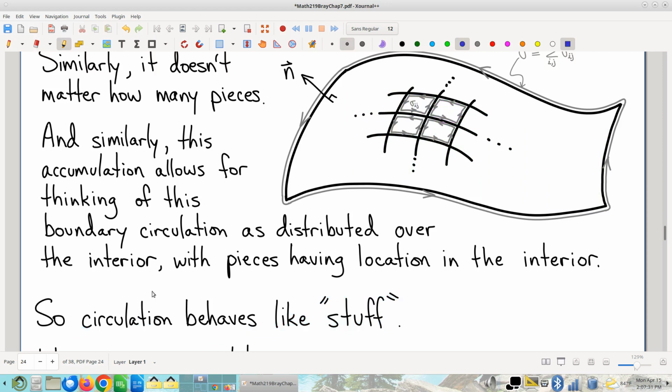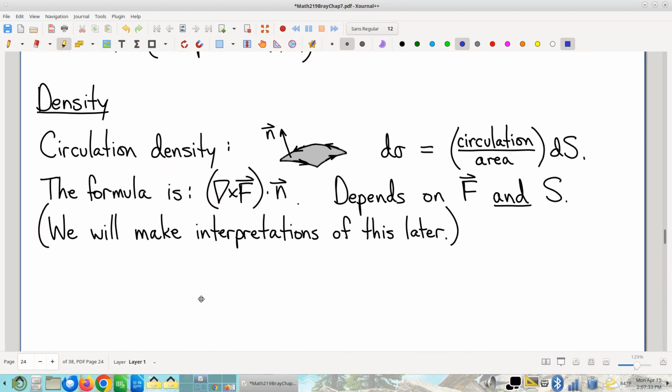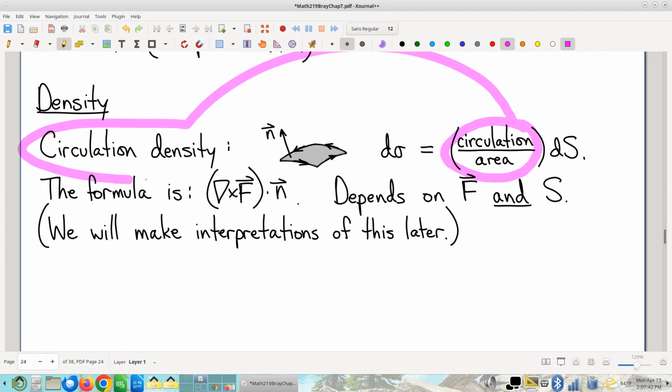And with that noted, since it's like stuff, we can talk about its density. So this right here, we're going to call that circulation density.